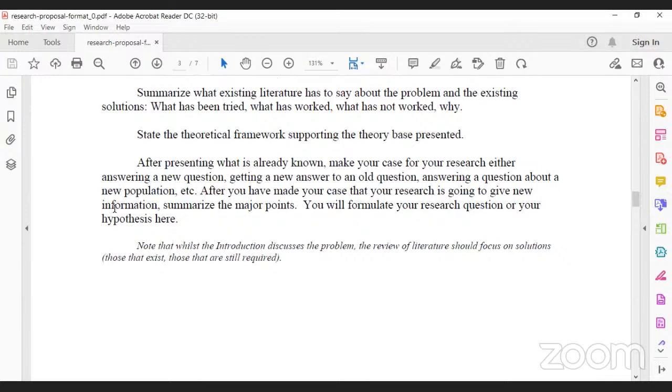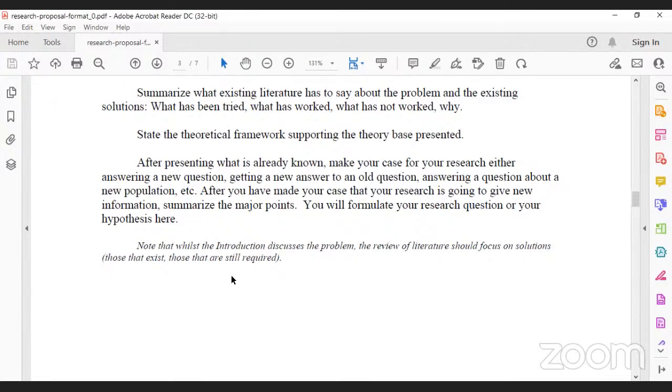Then after presenting everything which is already known, make your case for research: either answering a new question, getting a new answer to an old question, or answering a question about a new population. You have to mention these in the last paragraph of your literature review, what you concluded out of it.